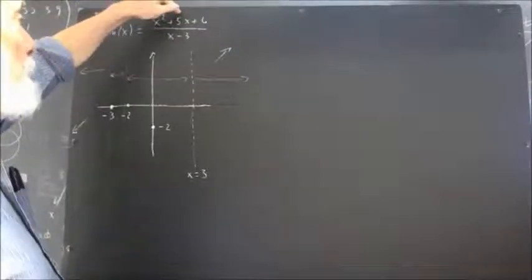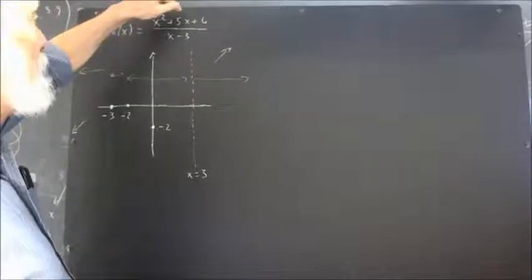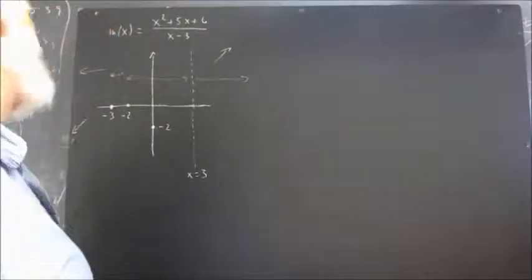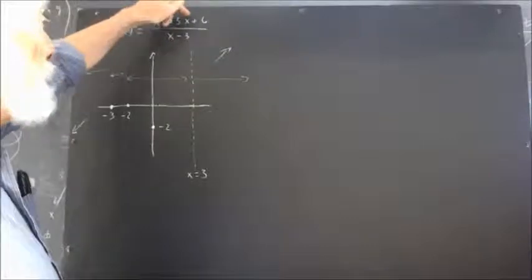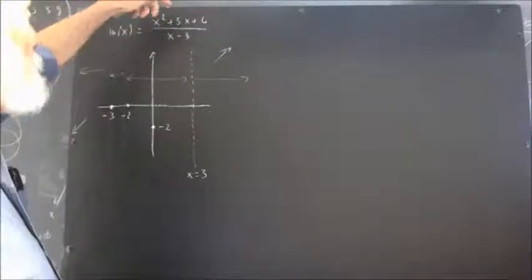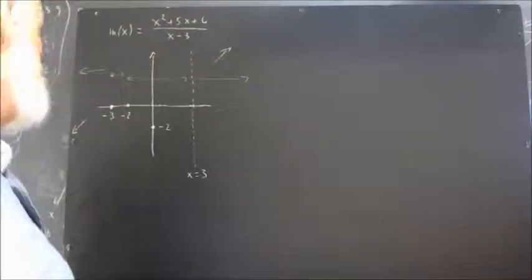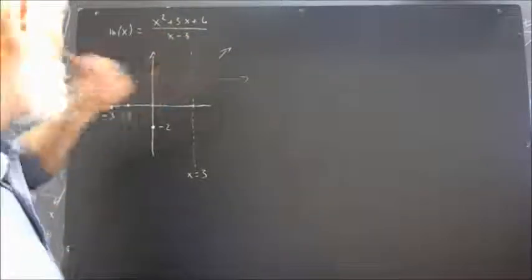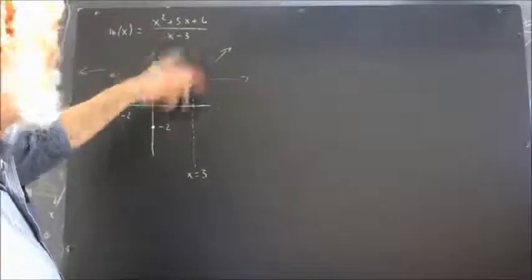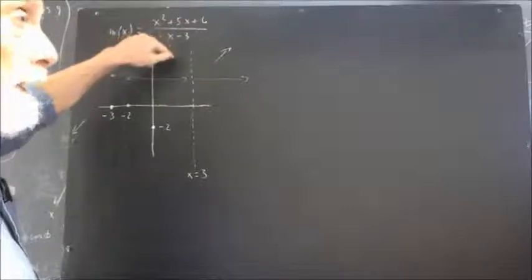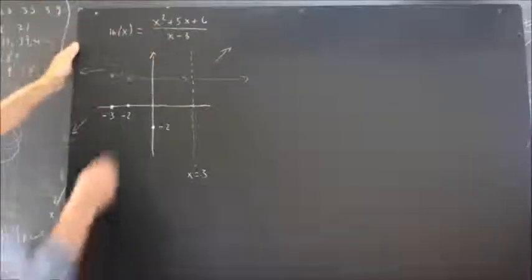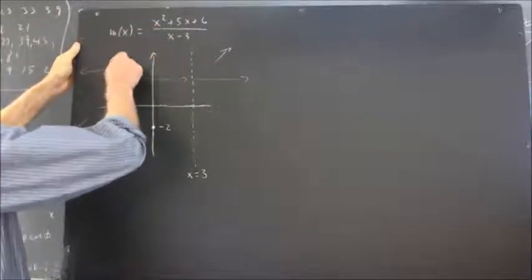But 2.5 times 5 is 12.5, and it's going to be negative. It's going to be 5 times -2.5, so it's going to end up negative, it turns out. x minus 3, well, -2.5 minus 3 is negative. So you have negative divided by negative, which means that the function is positive here.